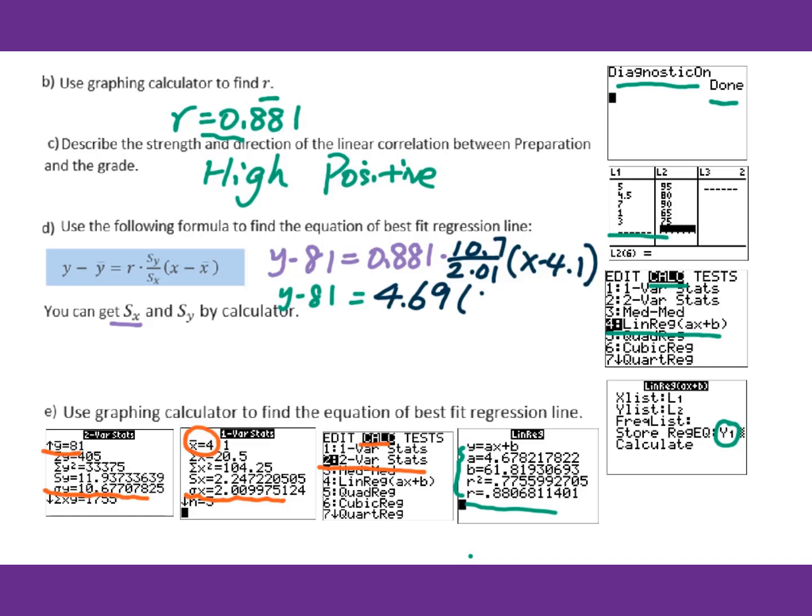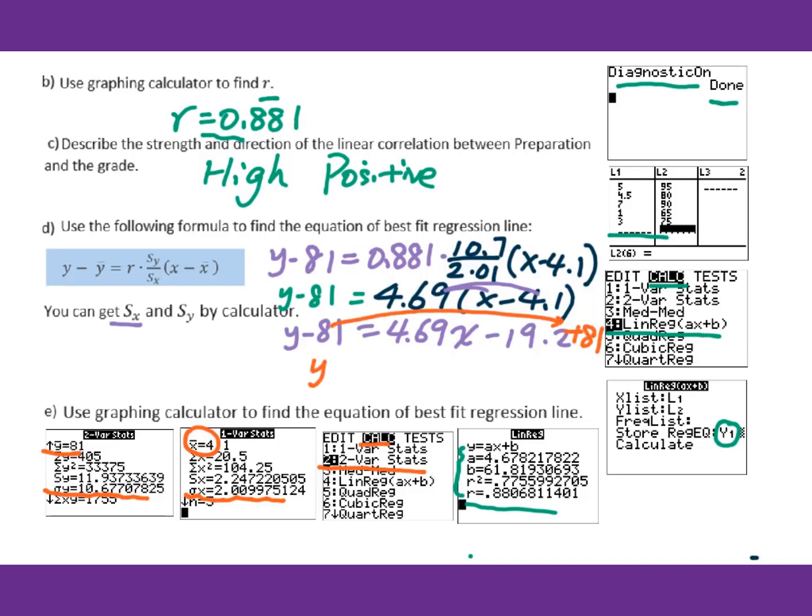That gives 4.69 times x minus 4.1. Then we do the distributive property here. You will get 4.69x minus 19.2. Then on both sides we add 81.